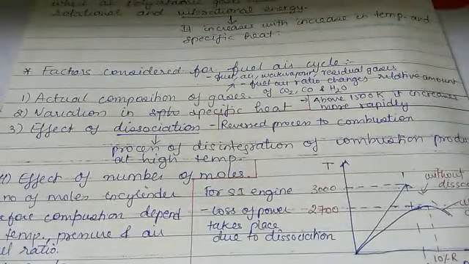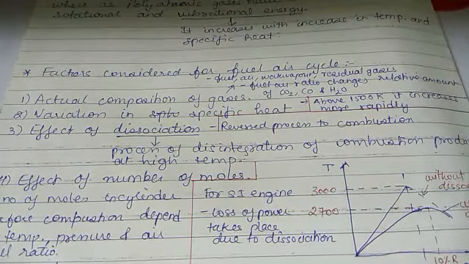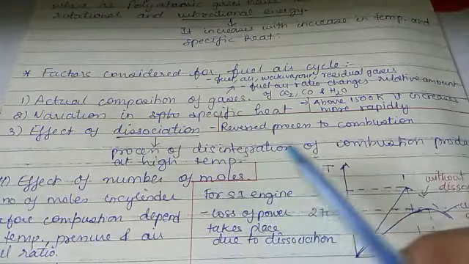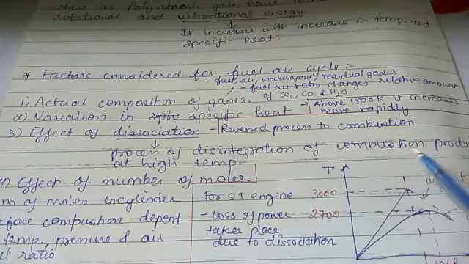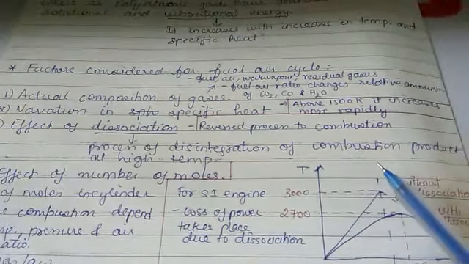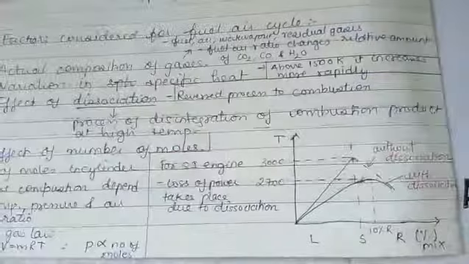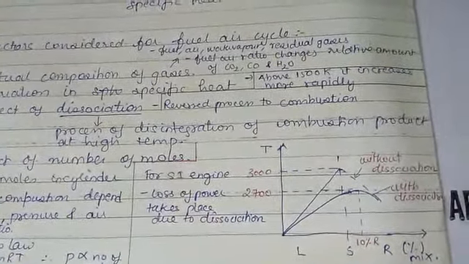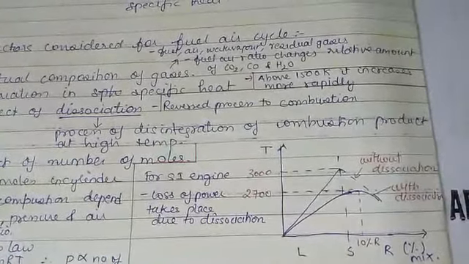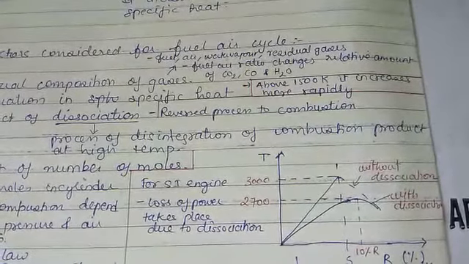Next is effect of dissociation. That is also called a reverse process to the combustion. Dissociation means the process of disintegration of combustion products at high temperature. Now we study the graph given in the figure, between the percentage mixture and the temperature. We are considering a cycle with dissociation and without dissociation.